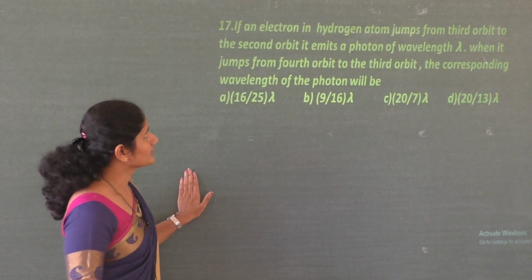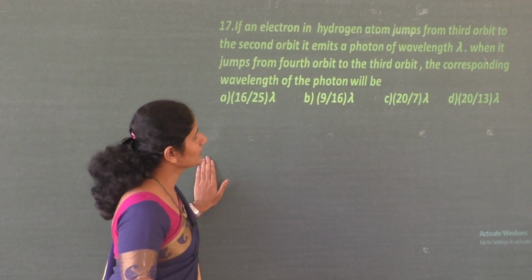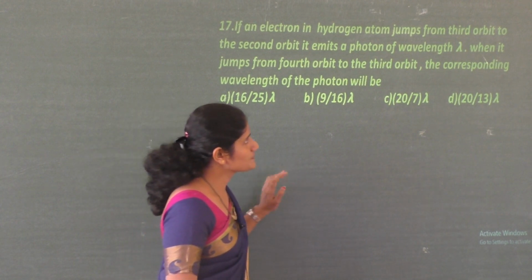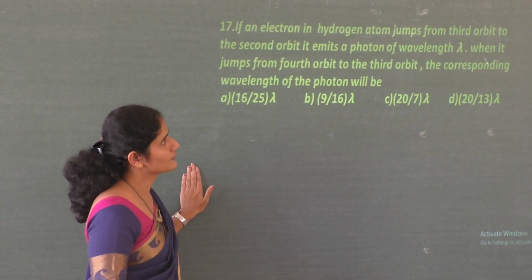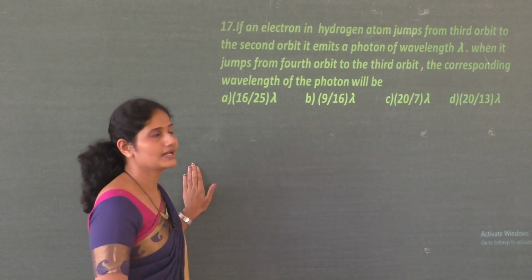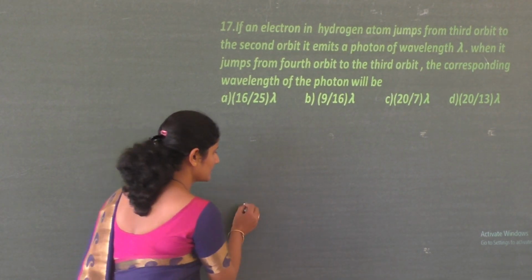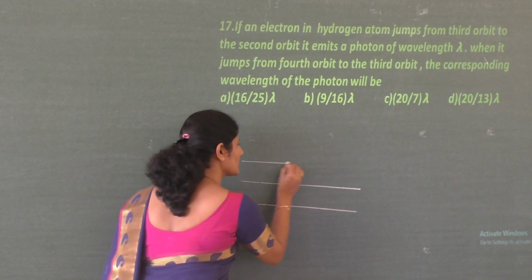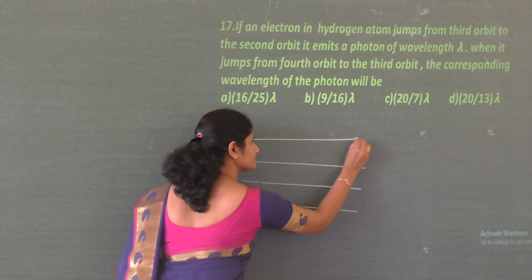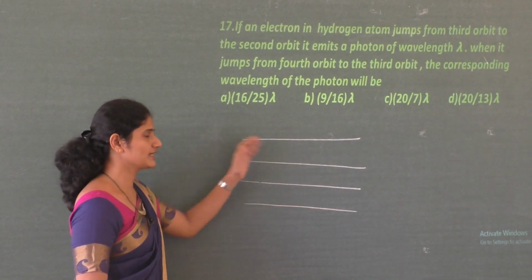Question number 17. If an electron in hydrogen atom jumps from third orbit to the second orbit, it emits a photon of wavelength lambda. We all know that whenever an electron jumps from higher energy level to lower energy level, these are the different energy levels.